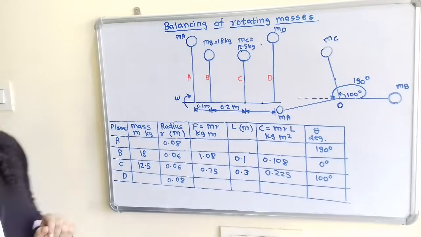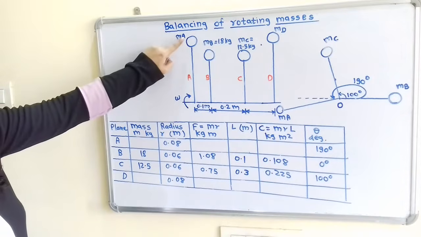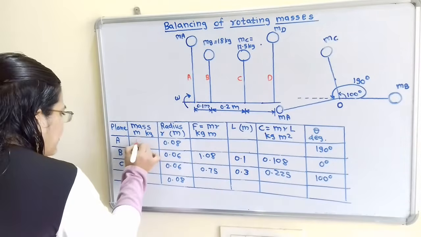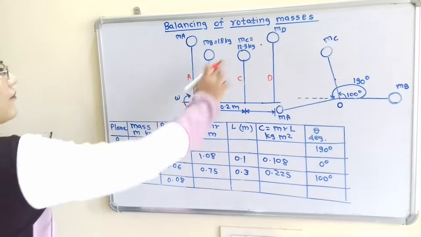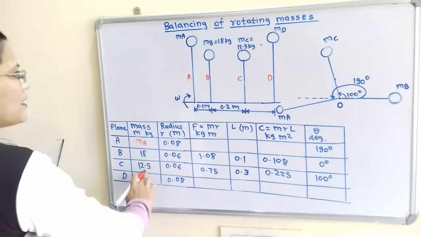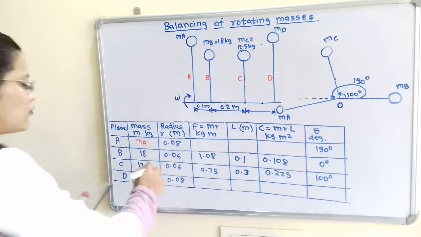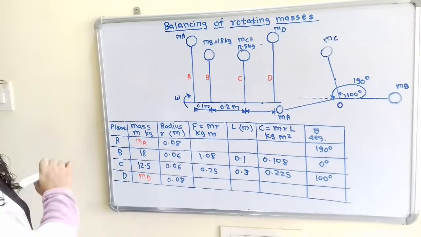Now next column is for mass. So if we observe this diagram, mass for this A is not given. So we will write here as MA. Then for B it is 18 kilogram, for C it is 12.5 kilogram, and mass D is also not mentioned and we have to find out. So I will write here as MD.